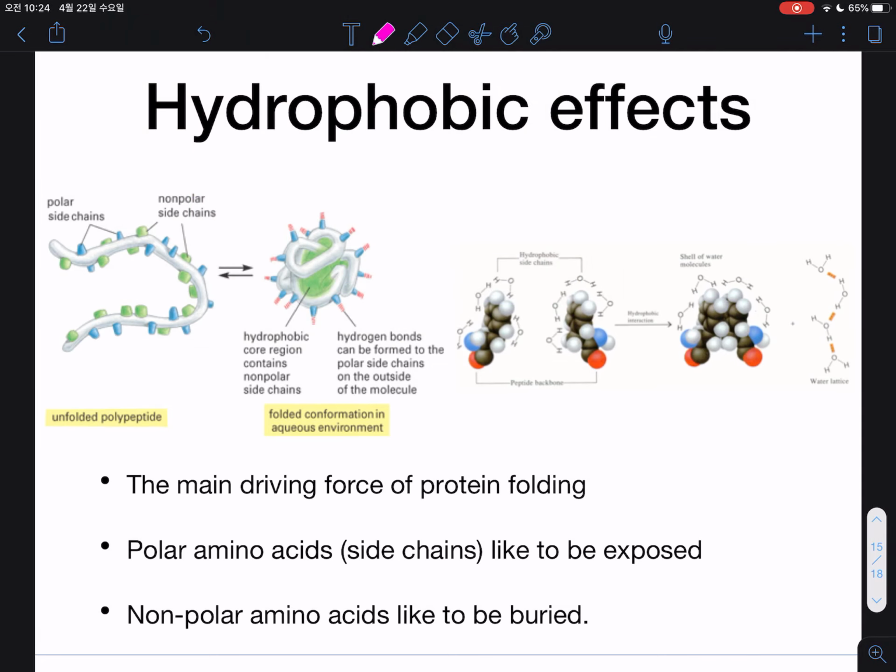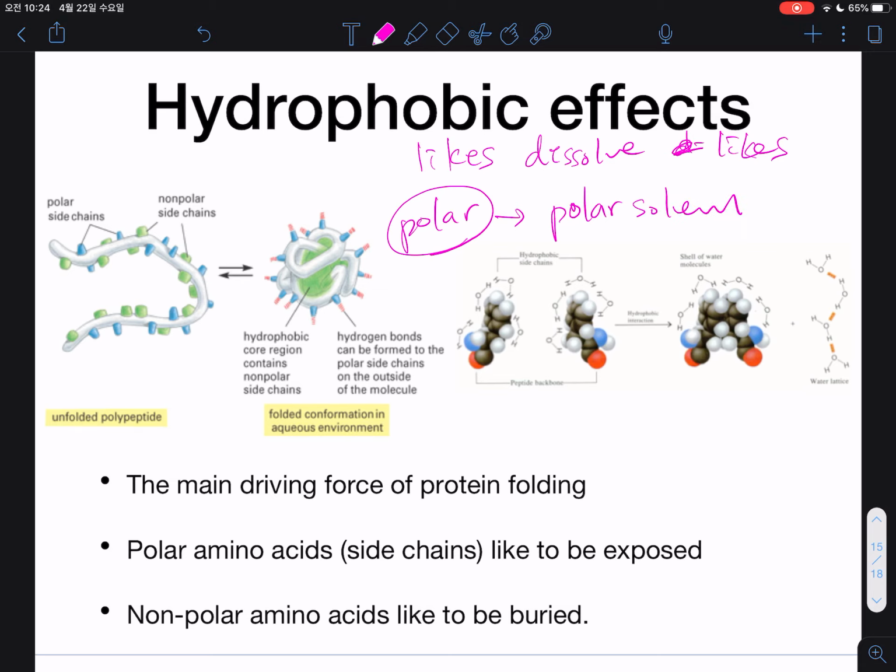One of the old wisdoms of chemistry is that like dissolves like, which means that polar solutes dissolve in polar solvent, and non-polar solutes dissolve well in non-polar solvent, right?